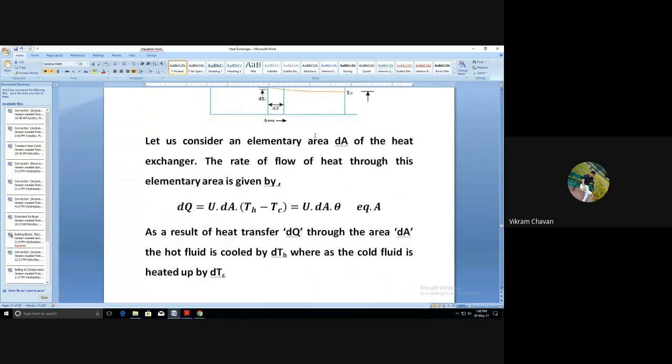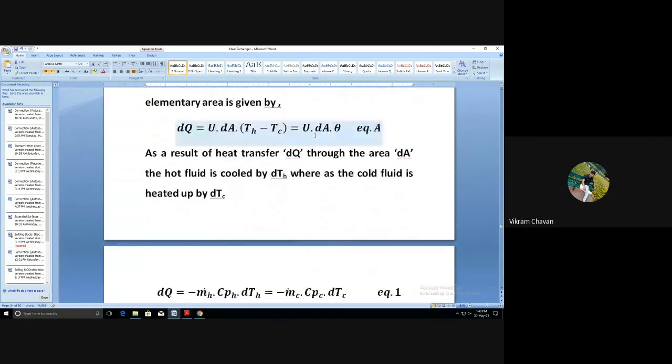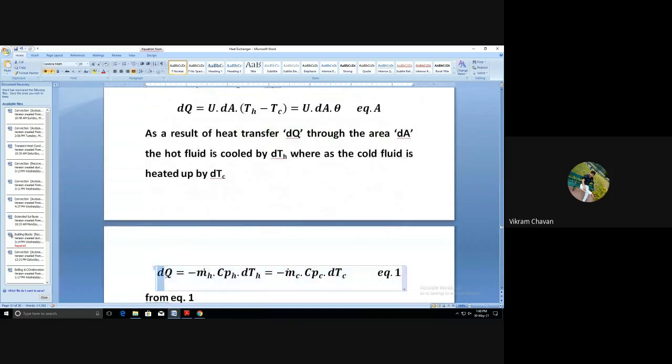So we can write dq equal to minus m dot h multiplied by Cph multiplied by dTh, which is equal to plus m dot c multiplied by Cpc multiplied by dTc. In parallel flow, the hot fluid heat loss was considered negative, but the cold fluid heat gain was considered positive.